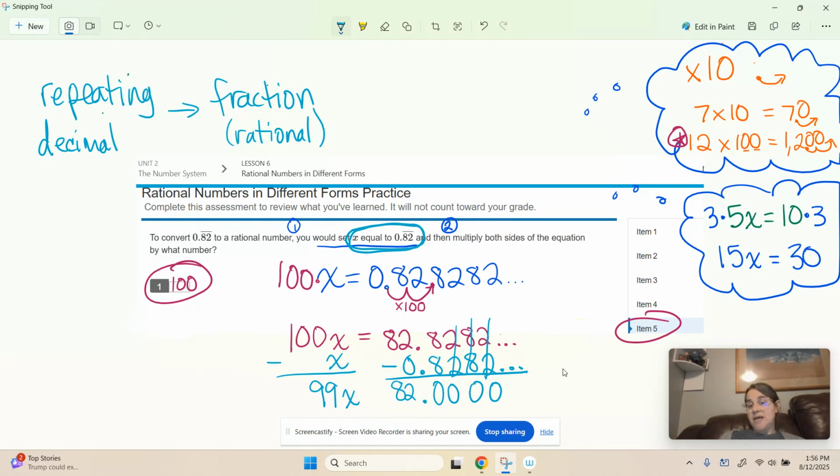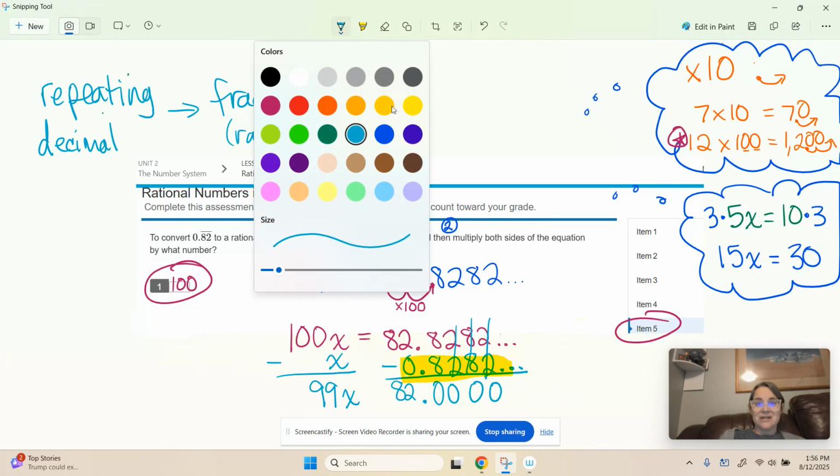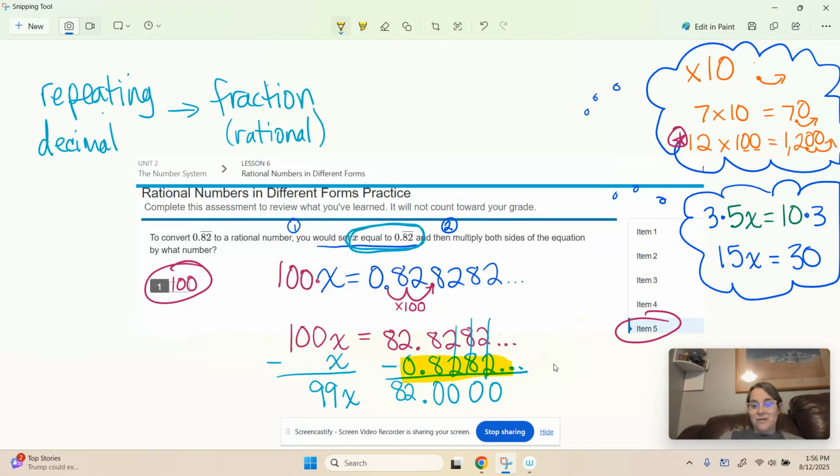So again, this step, if you look here, we subtract this because it is x. I know that's weird. So this is subtract x on both sides.